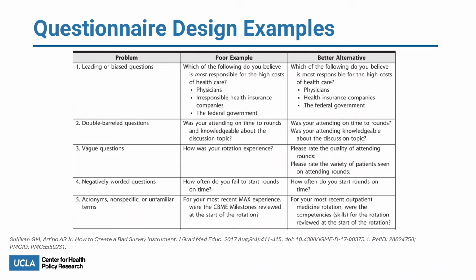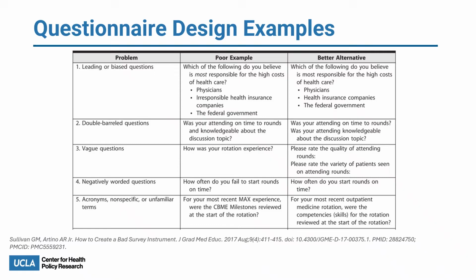Here are some examples of both bad and good questionnaire design, covering examples that include leading questions, questions that ask about two different things, vague questions, negatively worded questions, and using jargon in questions.